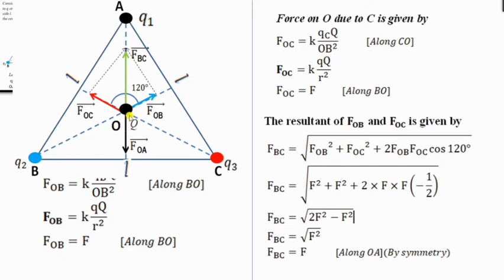It is going upward, starting from O going towards A. So by symmetry, because these 2 are equal vectors at an angle of 120 degrees, the resultant will be at 60 degrees from one of the vectors, so it will go straight upward.